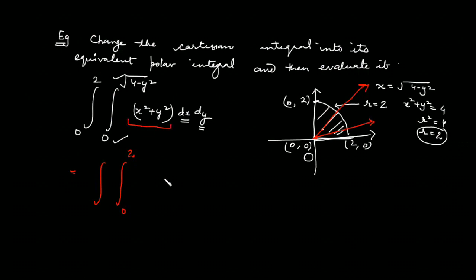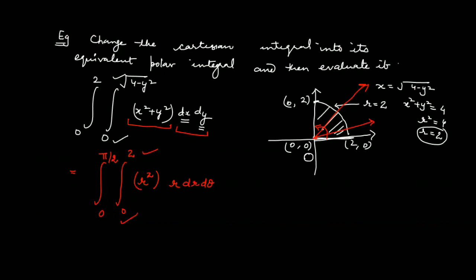Convert this into r theta. So when you substitute x to be r cos theta and y to be r sin theta, this is r square. And dx dy is replaced with r times dr d theta. The limits of r is 0 to 2 and the angle is 0 to pi by 2. So this is an equivalent integral in polar.